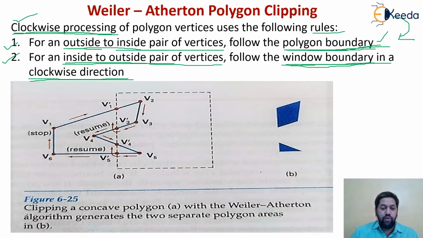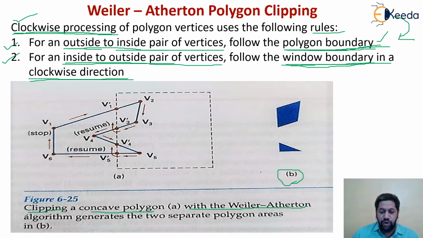I want everyone to concentrate on this diagram so that the concept will be much clearer. First I read the description we have written: clipping a concave polygon A with the Weiler-Atherton algorithm generates two separate polygon areas, as shown in the output. So this output is correct.